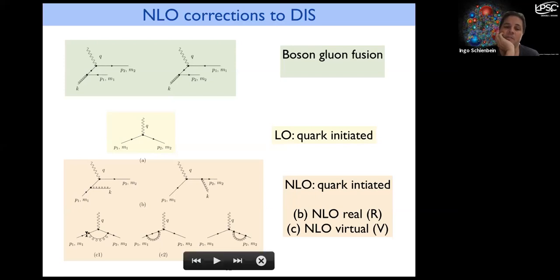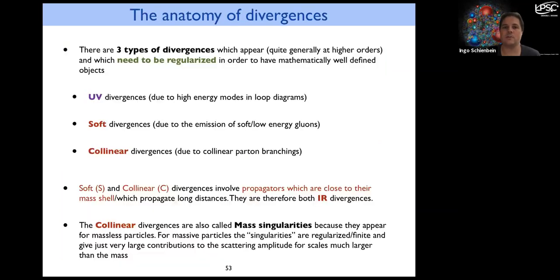And finally, the virtual part also has UV divergences, which will be treated by a procedure called renormalization. So here I have a couple of slides on the different divergences, but I will not go into it because Dave Soper discussed all this in great detail already. So I can be very quick on it.